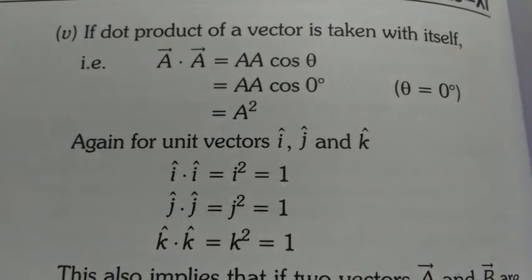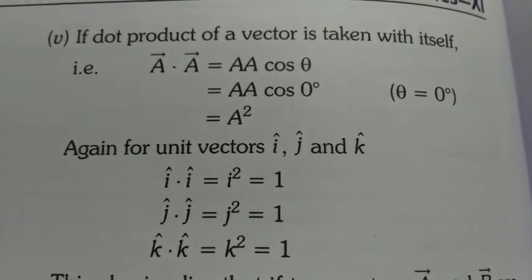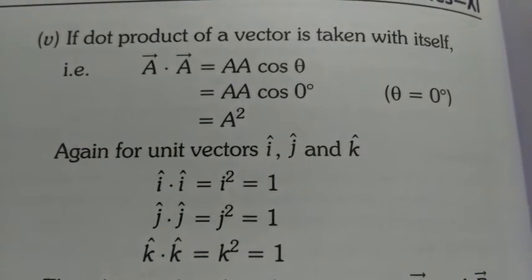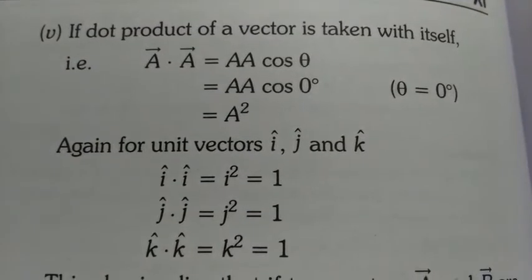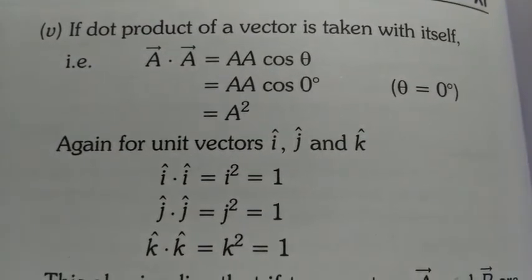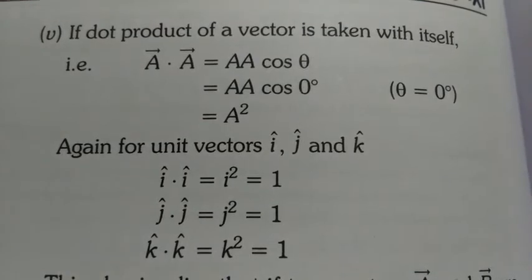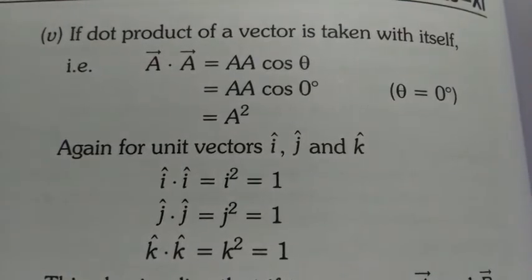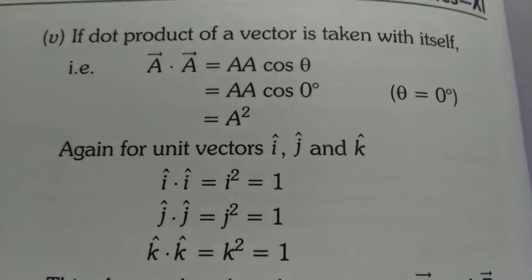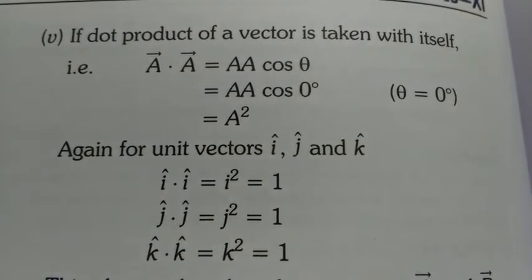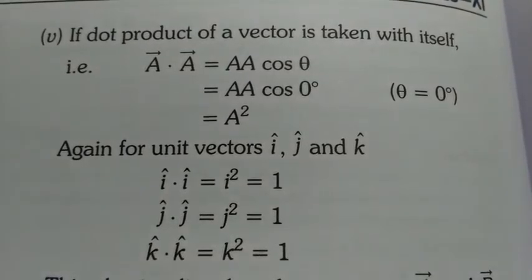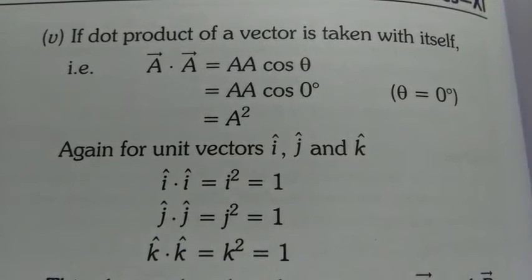Similarly, with the unit vectors i, j and k, when the same unit vectors are multiplied in a dot product, so i dot i, j dot j and k dot k, they also become 1. i dot i equals i square equals 1, j dot j equals j square equals 1, k dot k equals k square equals 1.